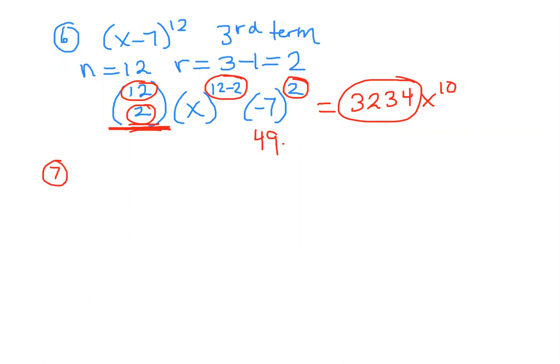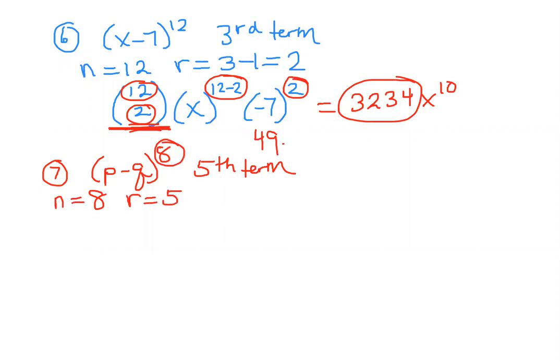All right, let's look at number 7. P minus Q to the 8th. And we're looking for the 5th term. So n equals 8, and r equals 5 minus 1, which is 4.